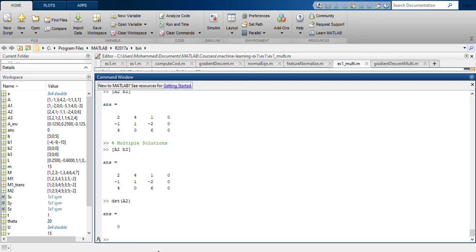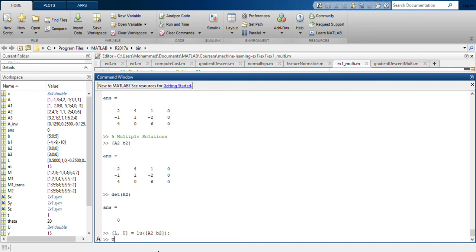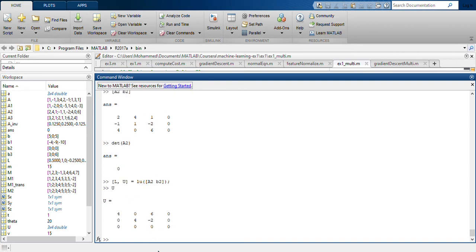So let's do the LU decomposition and see what we get for this. So instead of A and B, I'll use A2, B2 and get the LU decomposition of this, and we are interested in the U part. So let's observe the U part now.